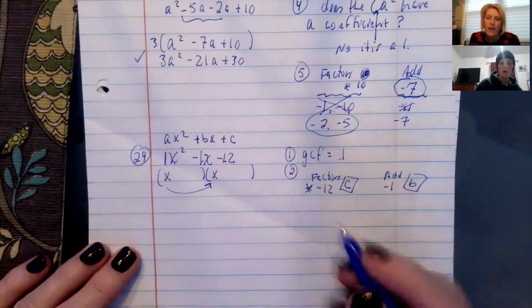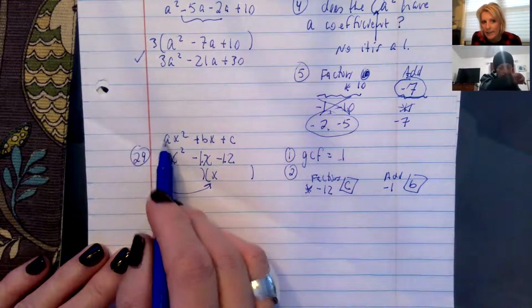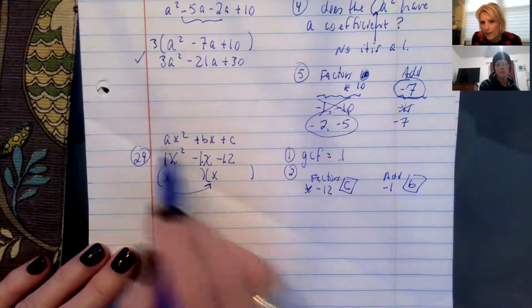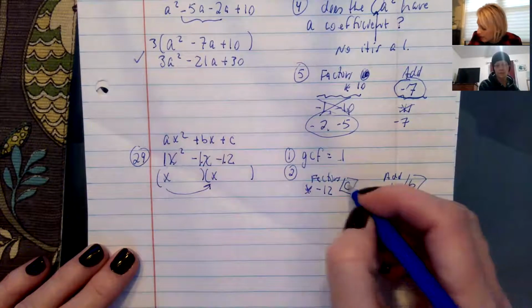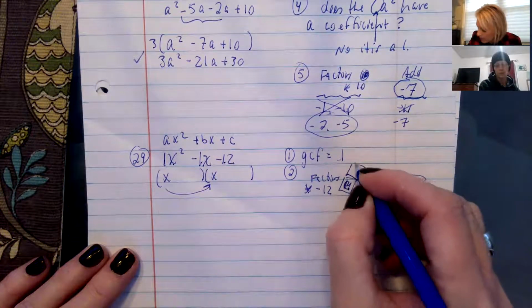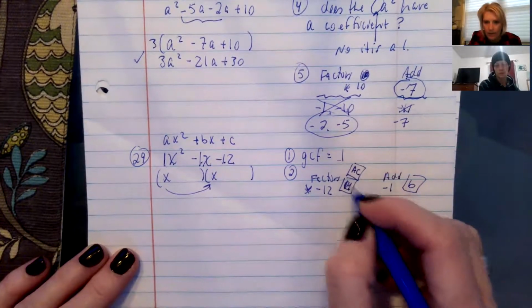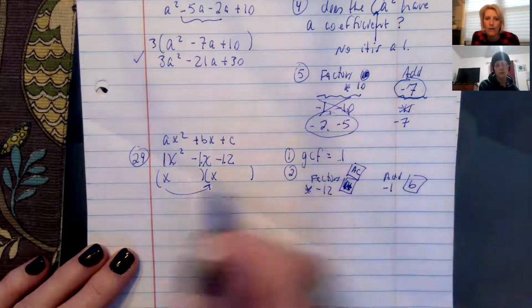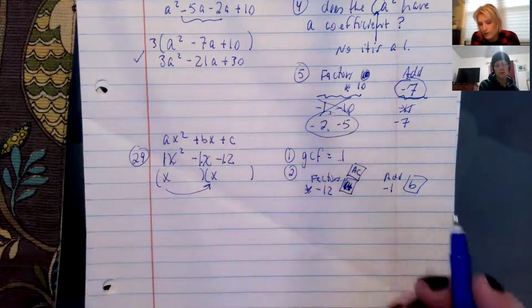Oh, okay. And it's really factors of AC, because A is a 1 for us right now. A doesn't really play a role, but if you want to look at the big picture, it's really AC, that multiplication. But right now, 1 times a -12 is still just a -12.